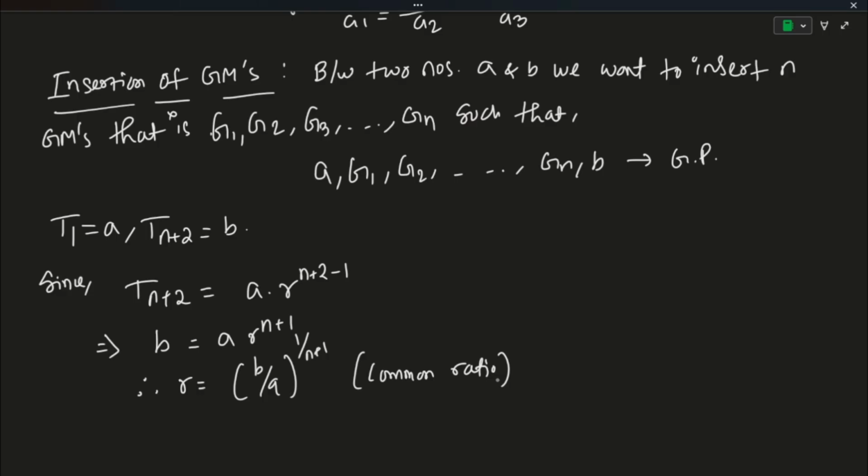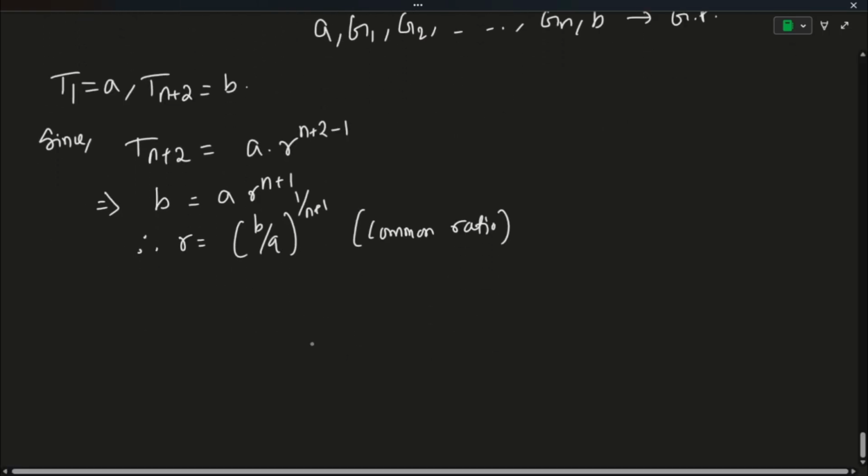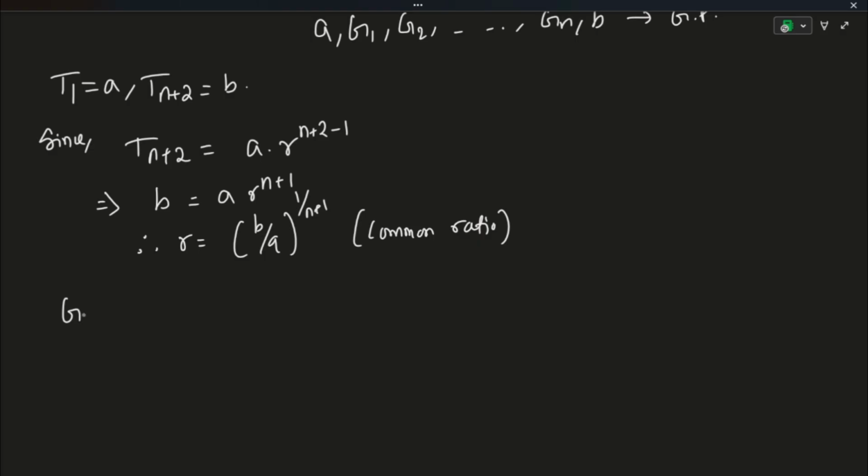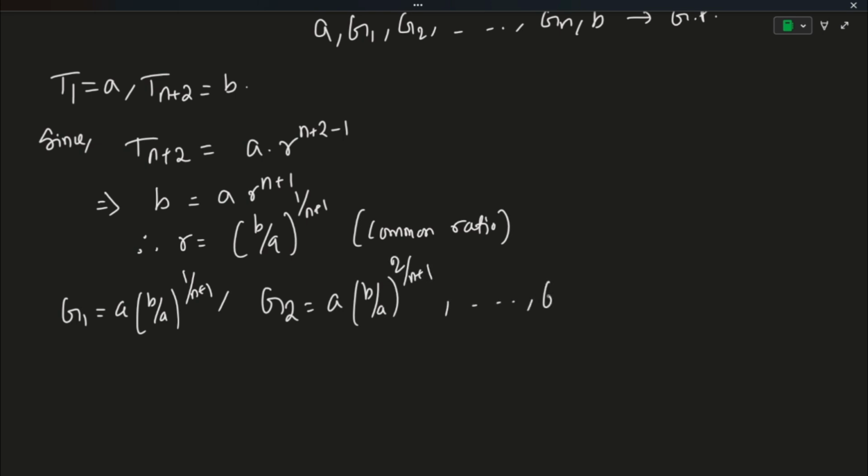So therefore since you have this common ratio at hand, you can now find out that G1 is nothing but A r, and what is A r? A whole into (B by A) whole to the power 1 by n plus 1. What is G2? G2 will be A into (B by A) to the power 2 by n plus 1. Similarly, for any Gk, it is going to be A into (B by A) to the power k by n plus 1.